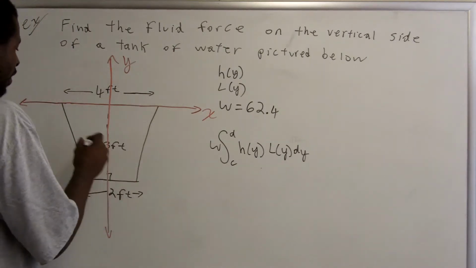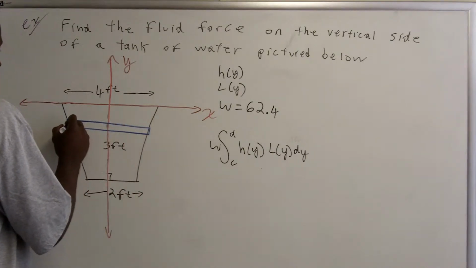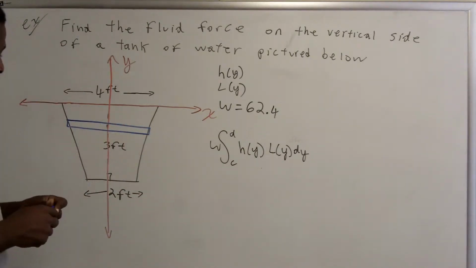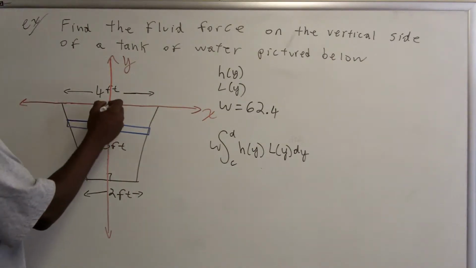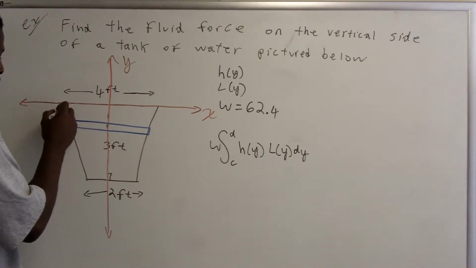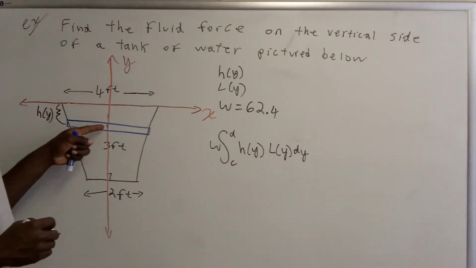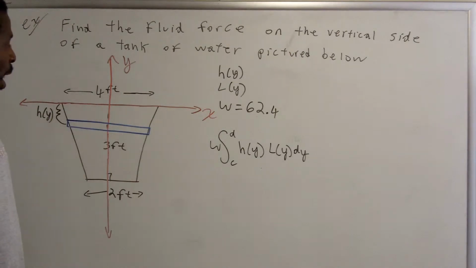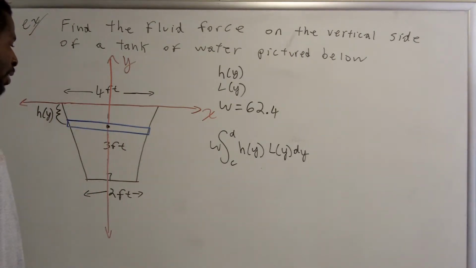If we subdivide this trapezoid into little pieces, the depth of each of those little pieces, or the h(y) we're talking about, is just going to be the opposite of the y value of a point at the center of that representative rectangle.